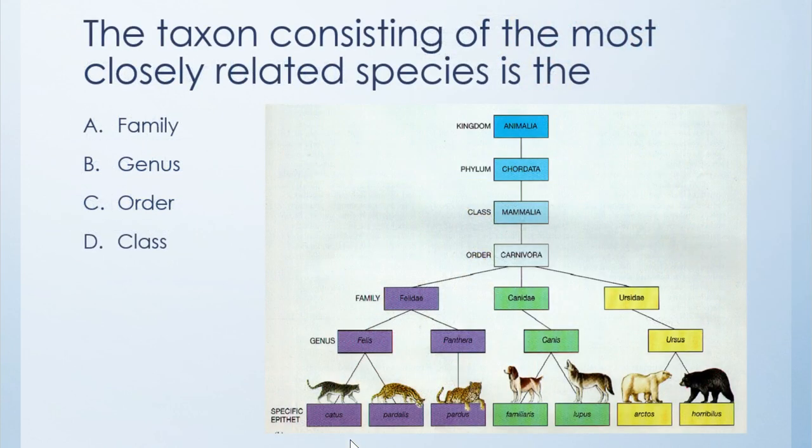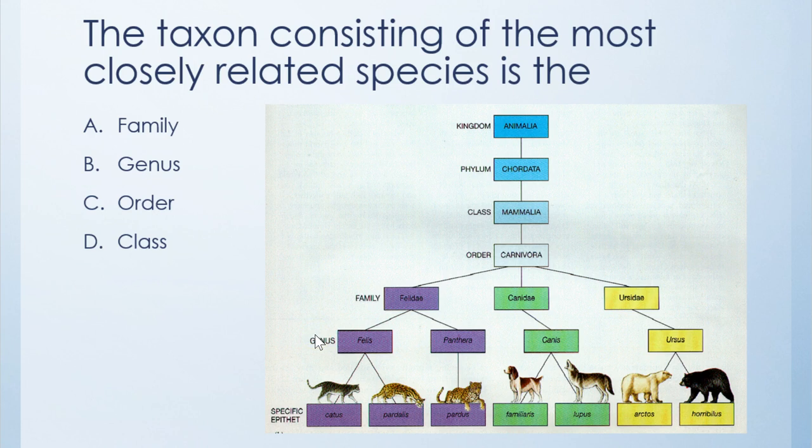Okay, the taxon consisting of the most closely related species is the family, genus, order, or class. Well, genus is down here, has way fewer characteristics, so the most closely related is the genus, right?